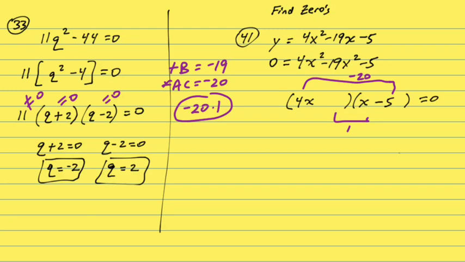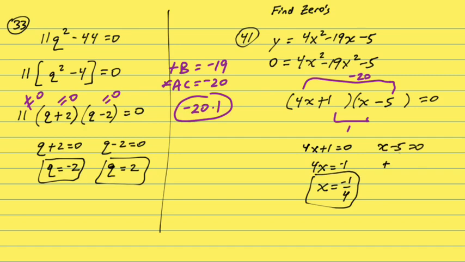Negative 5. 1 times what is 1? 1. You make this factor equal 0, subtract 1, divide by 4. And if you make x minus 5 equal 0 and add the 5, you'd have your other answer. Anyway, I hope these help. Good luck with the assignment.